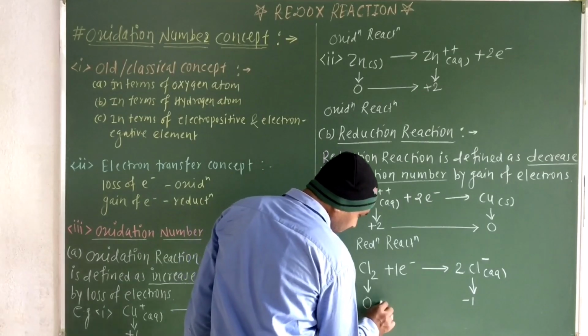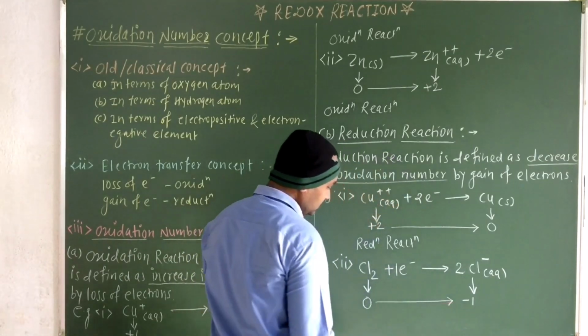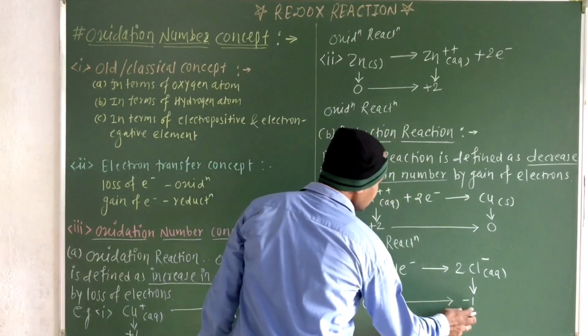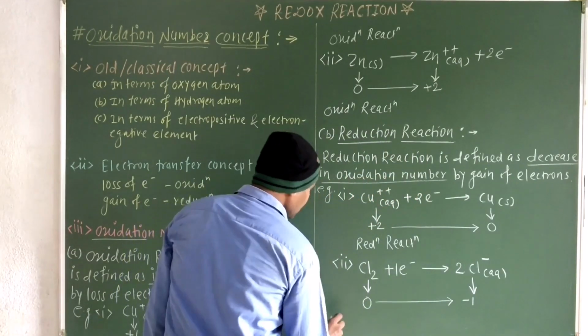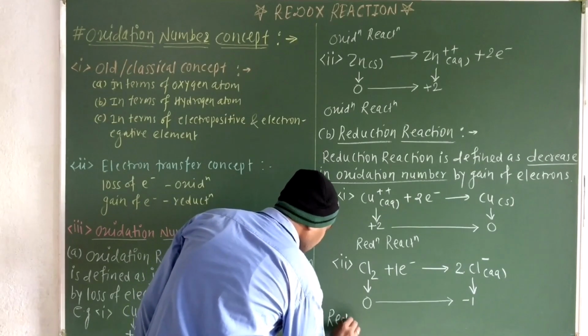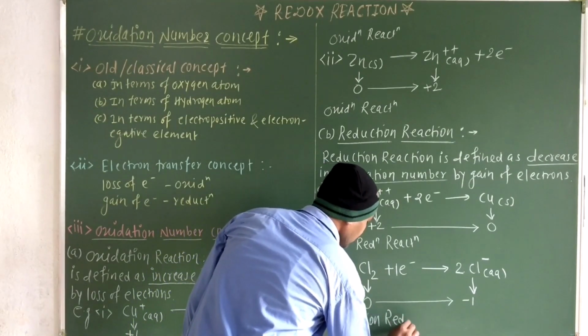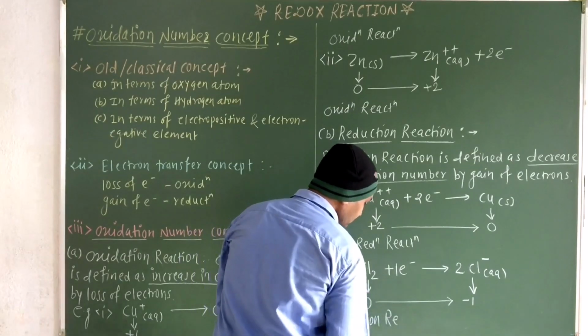So again there is a decrease in the oxidation number, from 0 to -1. As there is a decrease in the oxidation number, this is nothing but your reduction reaction. Okay, this is also your reduction reaction.